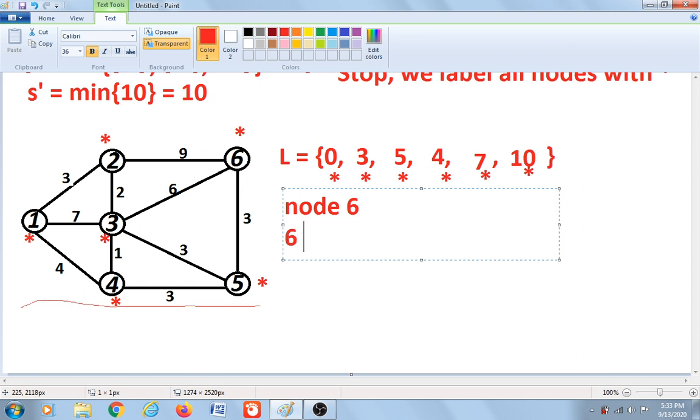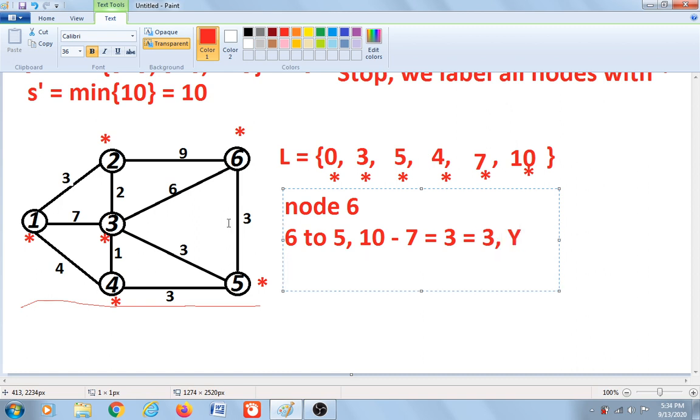So 6 to 5: what is the distance? 10 minus 7, that is 3. And from the original network, the distance is 3, so it is yes.